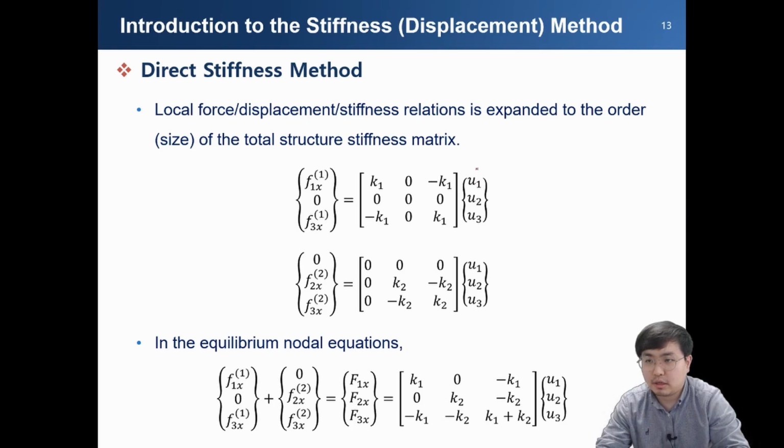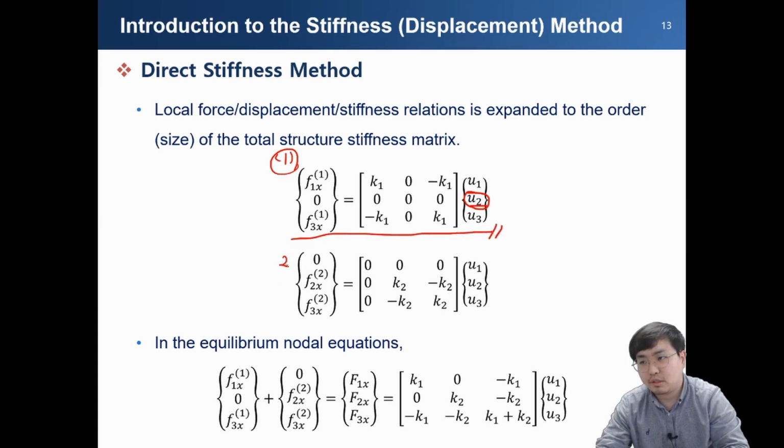F1x matched U1, F3x matched U3. However, in the first element, they don't have U2 related to the equations, but to combine easily, I added the U2 variable here, so that you can expand the 2 by 1 vectors into 3 by 1 vectors, and the local stiffness matrix can change from the 2 by 2 matrix into the 3 by 3 matrix. It looks like this, a more simple one.